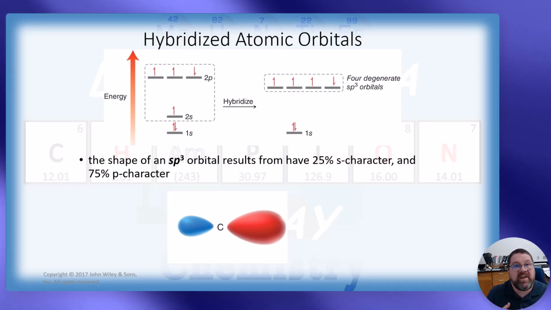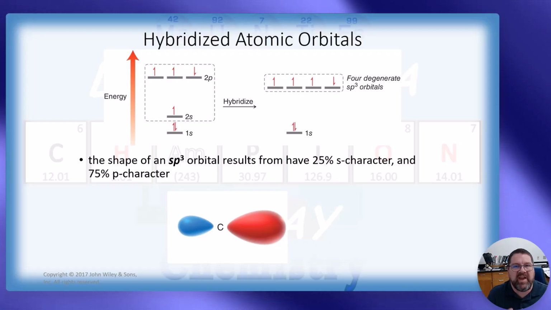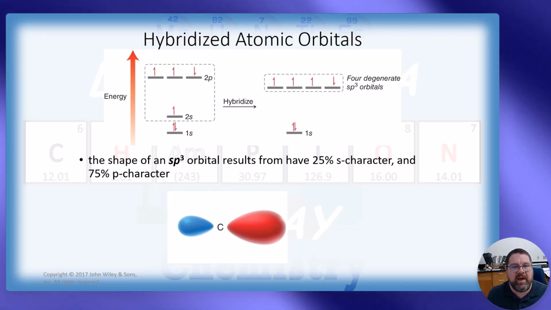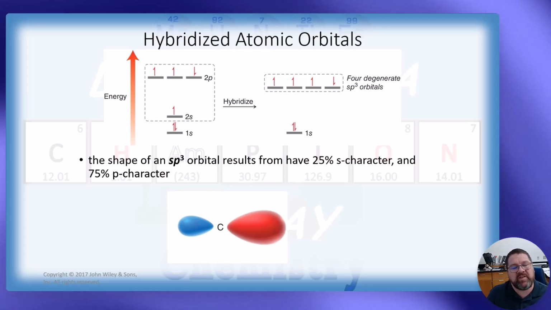And the taste of it would be somewhat in between. You'd have probably a hint of the lemon lime and quite a bit of the blue raspberry or whatever the flavor happens to be. Well, the same is true of the hybrid orbitals.